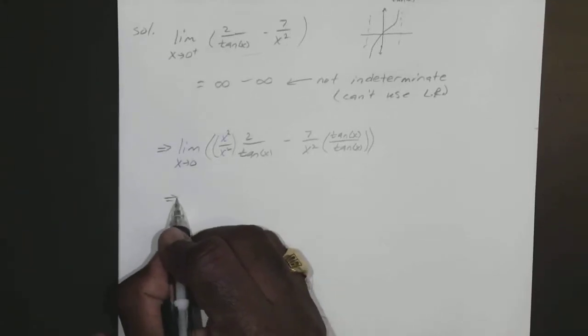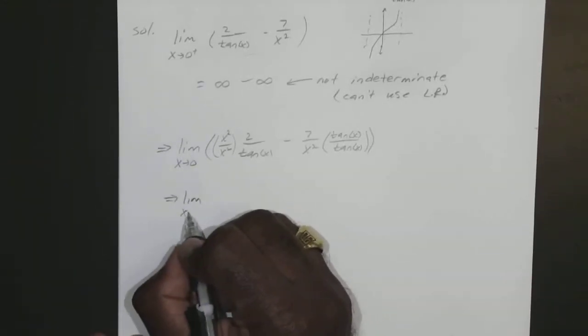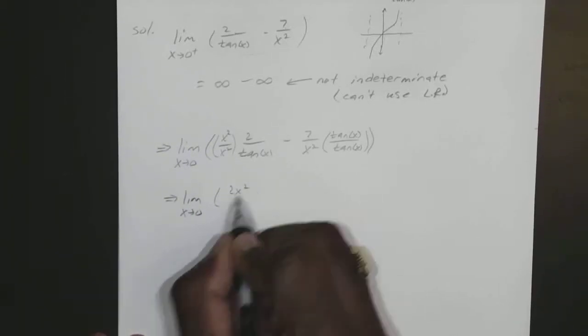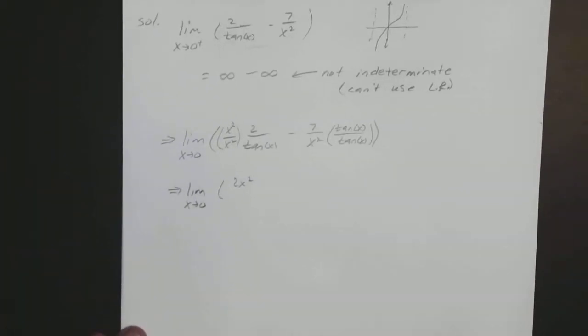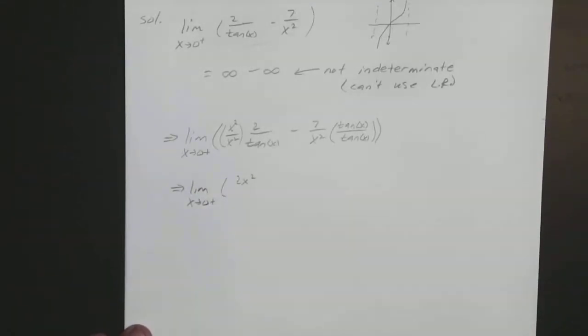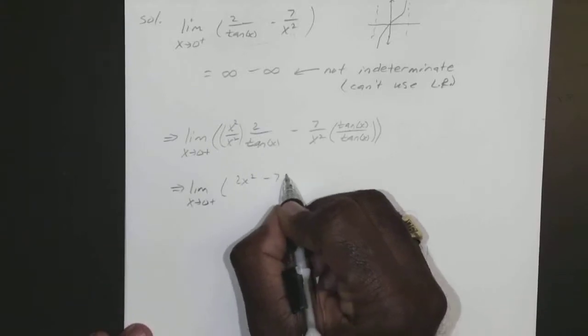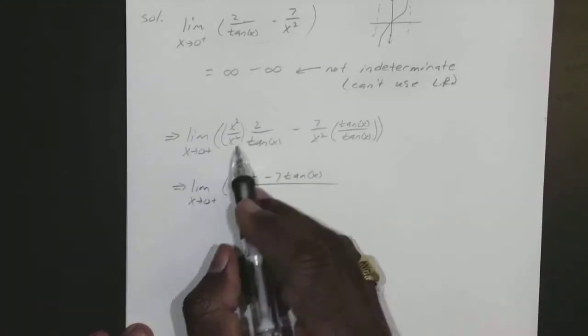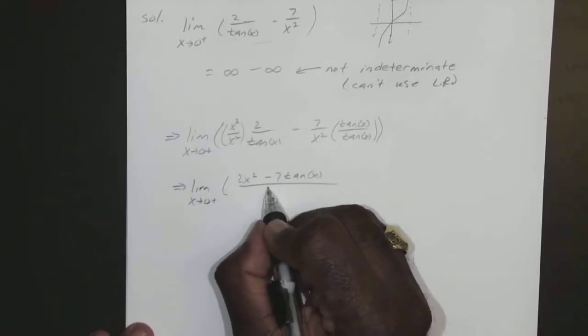So that will give us the limit as x approaches 0 from the right of 2x squared minus 7 times tangent of x, over x squared times tangent x.